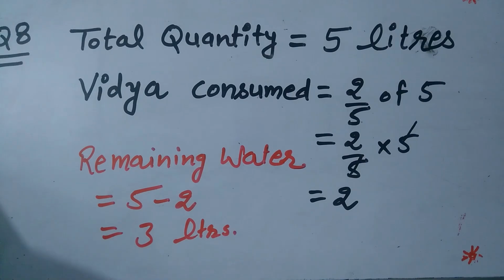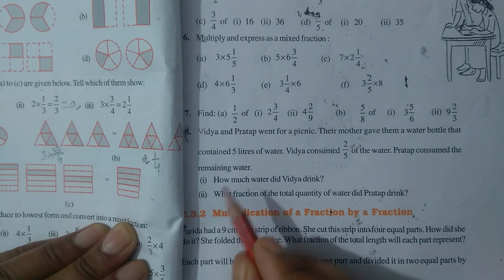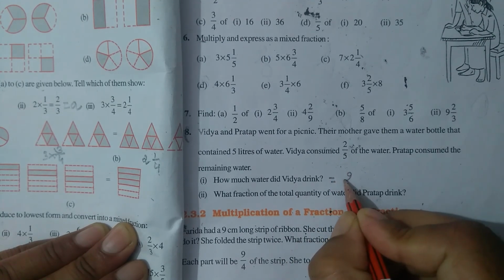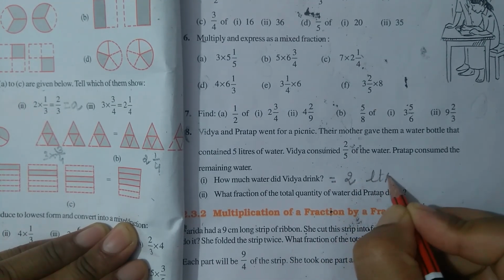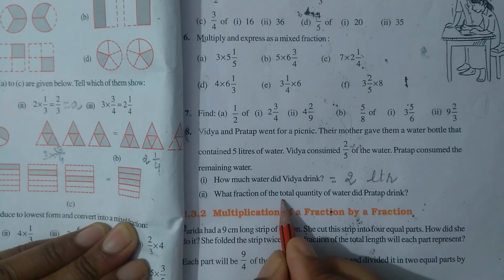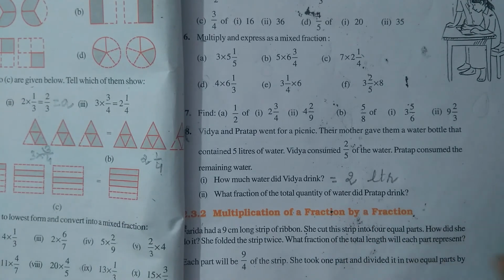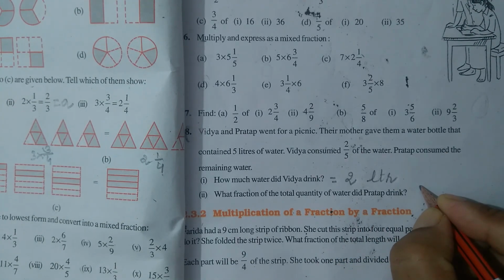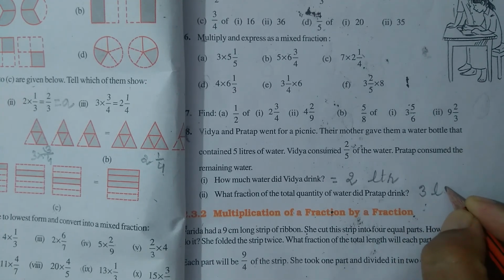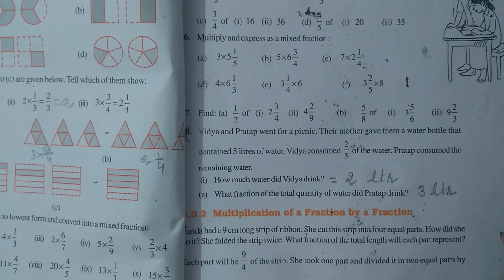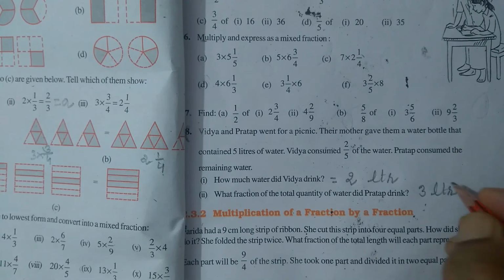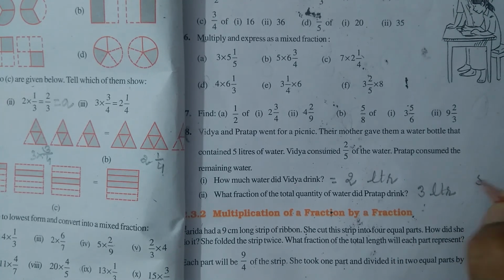So what was the next part? How much water did Vidya drink? So the answer is 2 liters. What fraction of the total quantity of water did Pratap drink? So Pratap drank 3 liters. Okay, what is 3 liters now? Because out of 5, 2 upon 5 is subtracted.